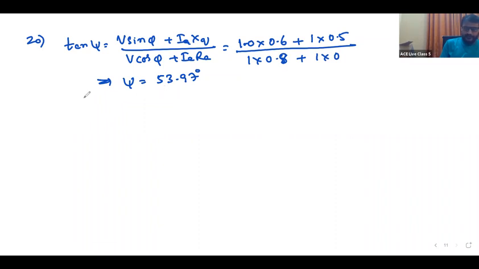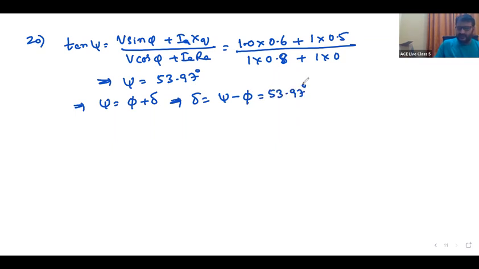Once we know psi, we know psi is equal to phi plus delta. Therefore delta is equal to psi minus phi. Psi is 53.97 degrees and phi is 36.86 degrees.